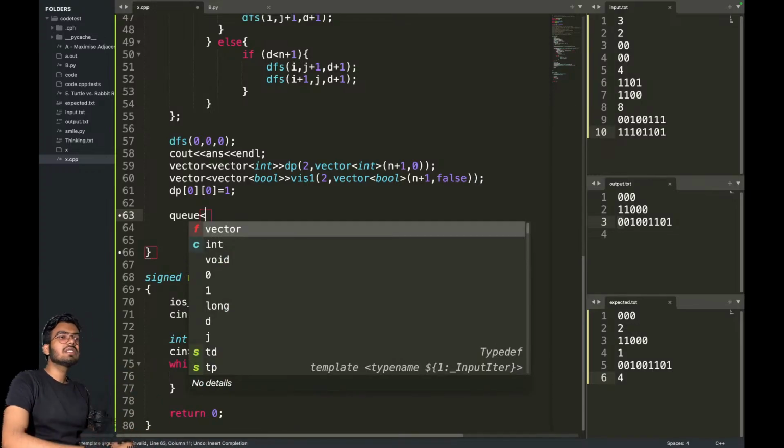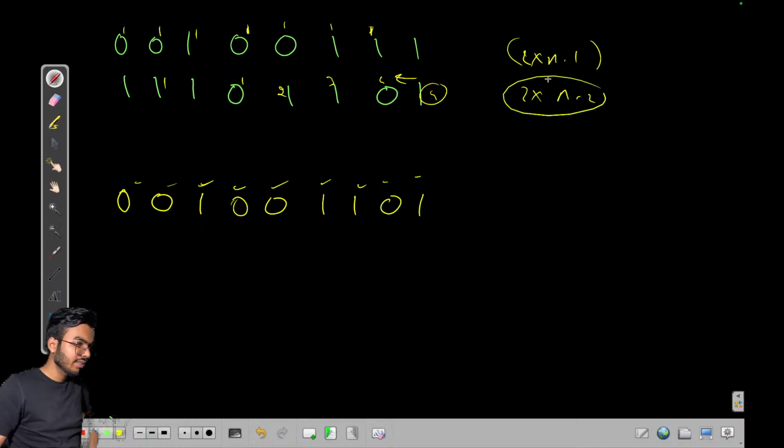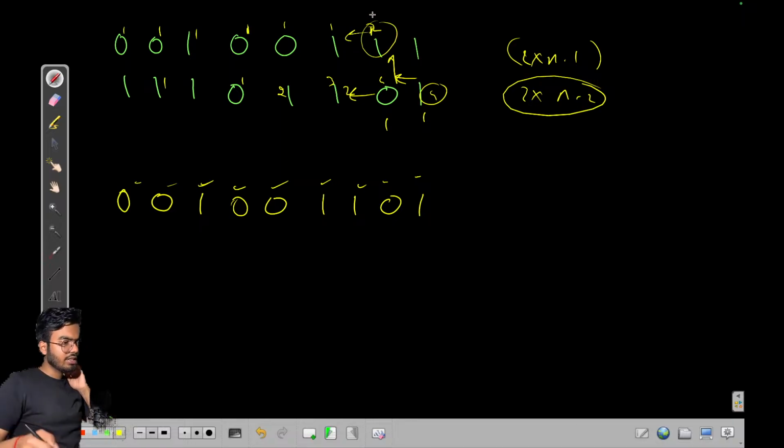So I'm doing a breadth first search. Initially in my queue there will be 2 cross n minus 1, and after that the children have to be a 0, so this will be added. So I have 2 cross n minus 2 in this. After that it can be either this or this. So one possibility was this, then one possibility is here, then 2 2. But now if the next child is not, so like that I am going.